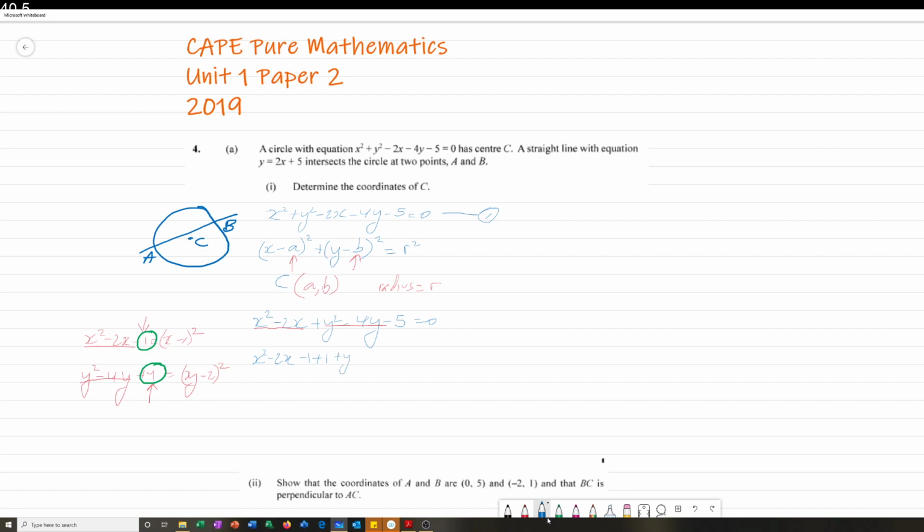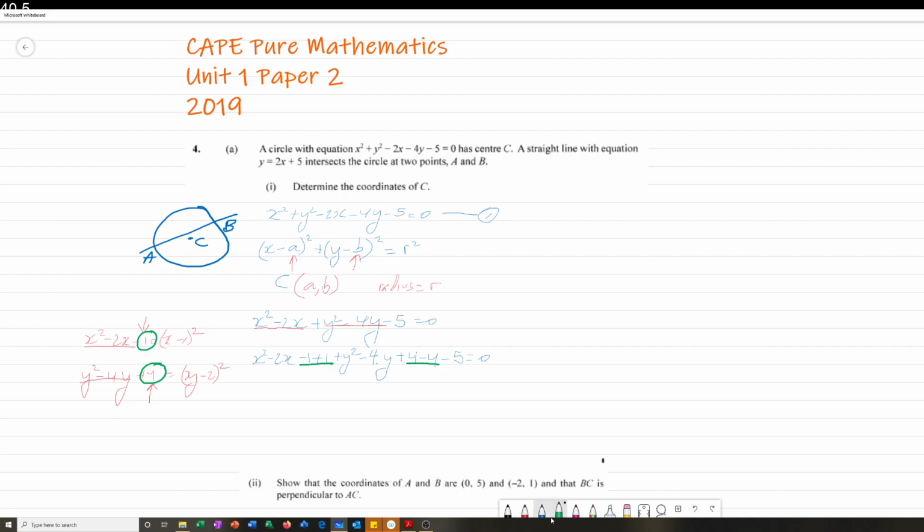Then I would have plus y squared minus 4y, and I want a plus 4, so that's plus 4 minus 4, and then minus 5. Notice I have minus 1 plus 1, so that's 0. I didn't change the equation, I just added 0. And this 4 minus 4 is the same thing, that's 0.